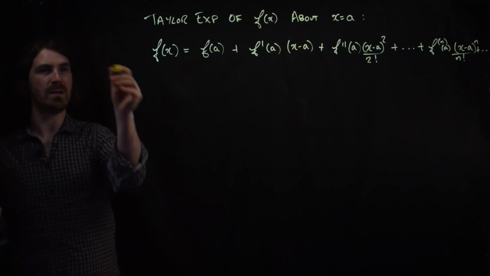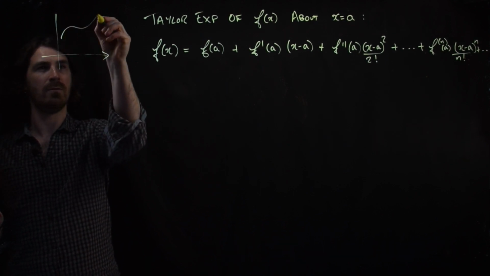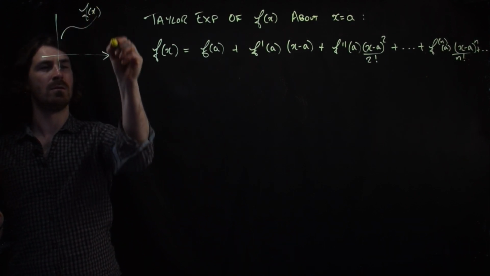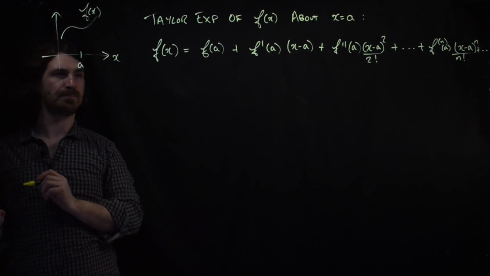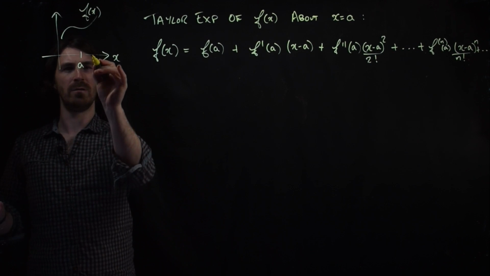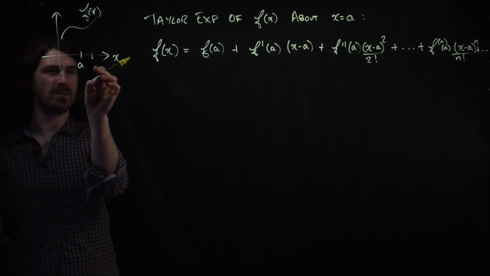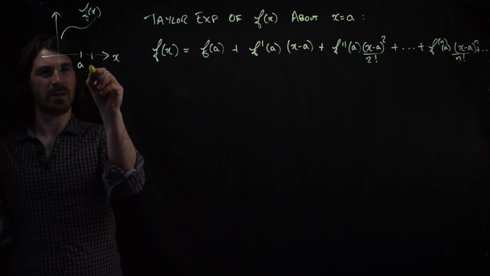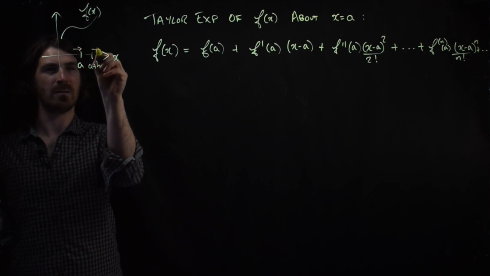So this was the Taylor expansion for the function f of x about some point A. We thought about another point x here, and rather than call this x, let's call this A plus h, where h is the step size.